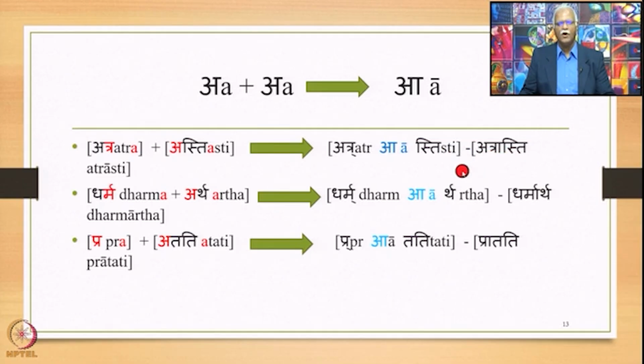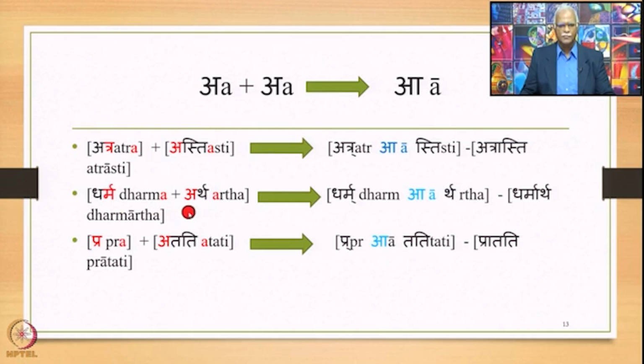This is the example of the Savarna Dirgha Sandhi that happens in between padas as part of the sentence. Now let us look at this sandhi happening within a pada or inside a compound. So here is the word dharma followed by another word artha. So dharma ends in short a, artha begins with short a.